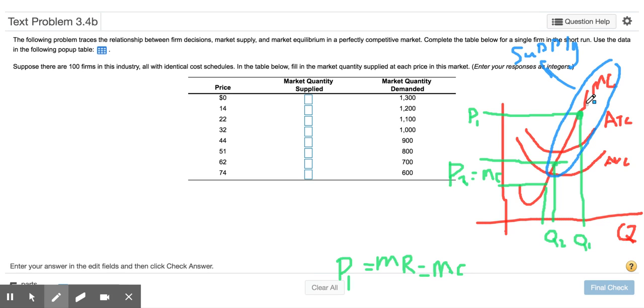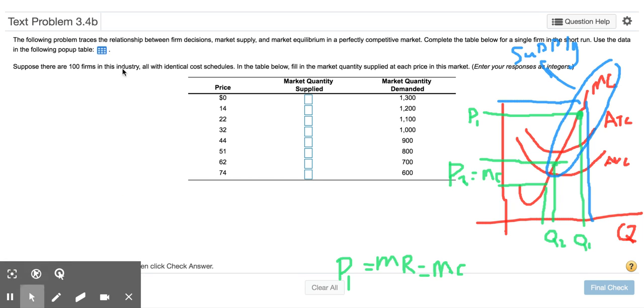So if you want to produce one more additional unit, this will be the price, meaning that the marginal cost curve gives you the price of each additional unit produced, basically how much firms will be charging for each additional unit produced in a free market competition. Okay, so let's see the information in this table.